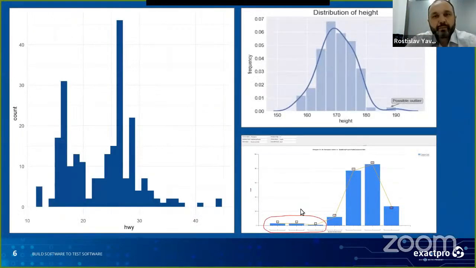Here is a more practical example from real life, and you see that sometimes your graph could be unimodal. So you have just one interval with most of the data, and then you see here a possible outlier. It's easy to see from the picture that it could be somewhere here.